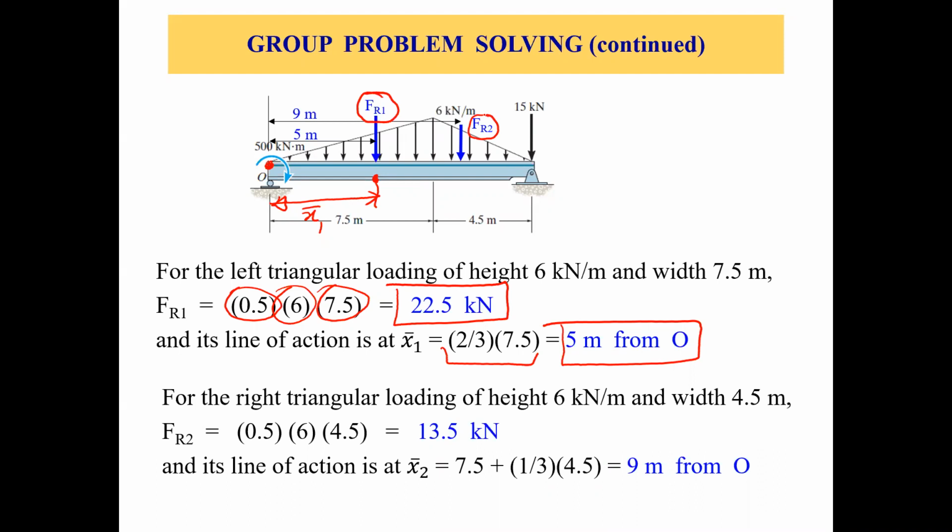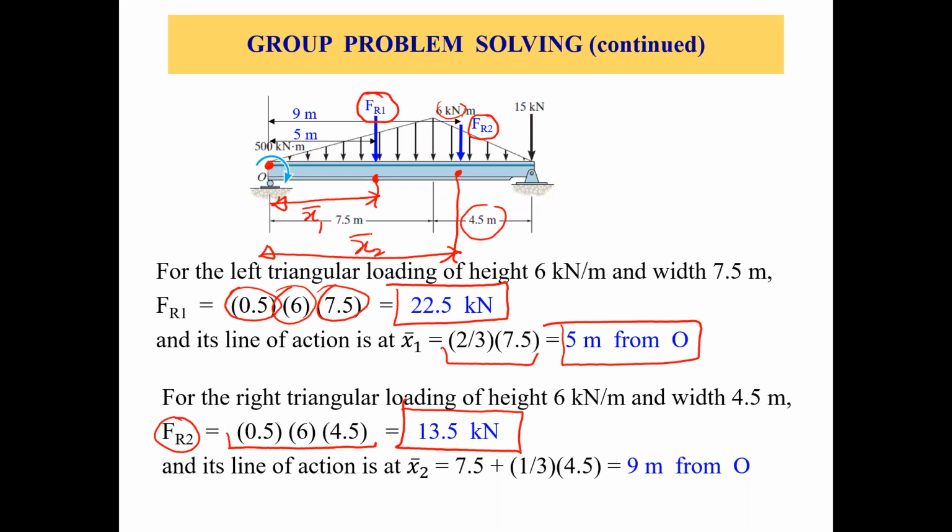So FR2 equals 1/2 times 6 kilonewton per meter times 4.5 meters, which will give us FR2 as 13.5 kilonewtons. Now we need to find X2 bar, the location of this force.